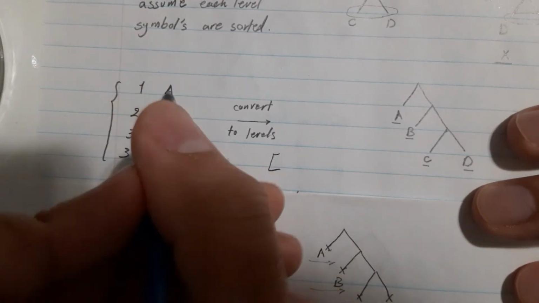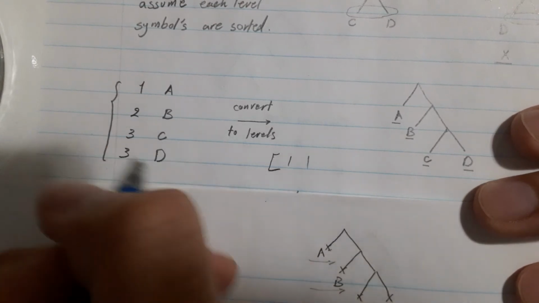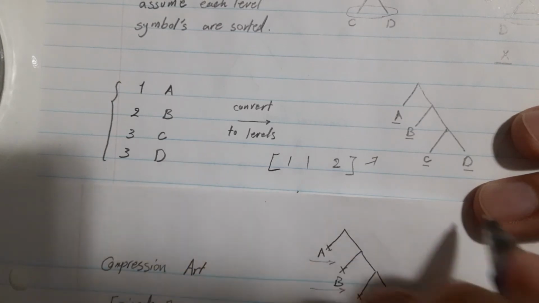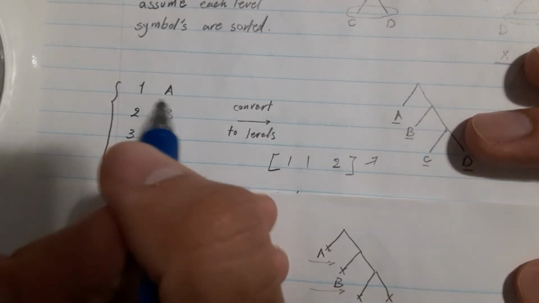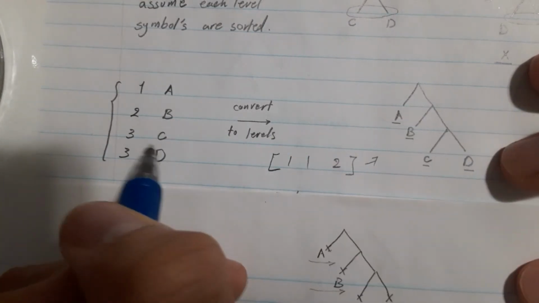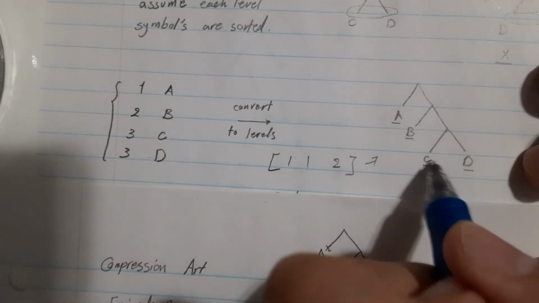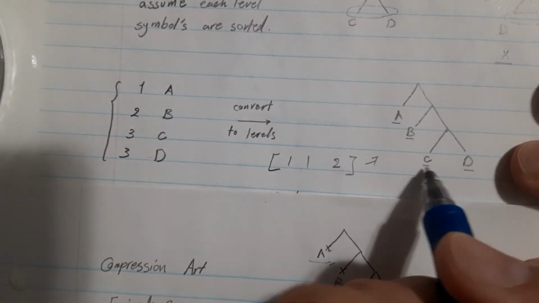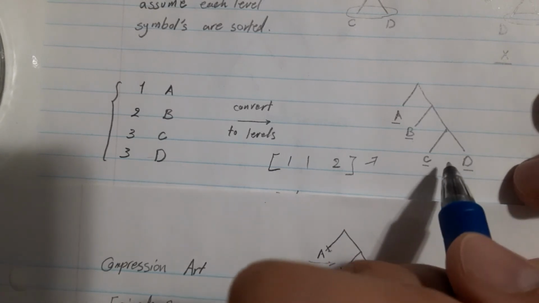I see there is one length 1, one length 2, two length 3, and I can create the structure. Then for labeling, for length 1 there is only A, for length 2 there is only B, for length 3 there is only C and D. But for C and D, because I don't want to confuse myself, C always comes before D because it's alphabetically less than that.